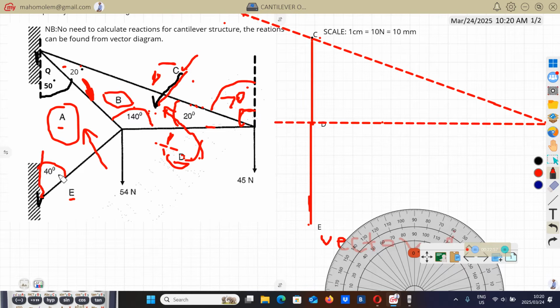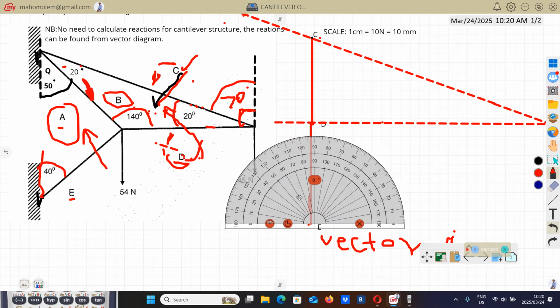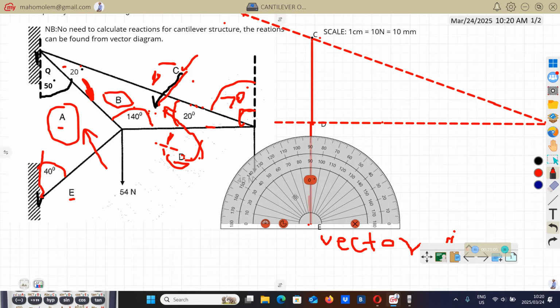So I must measure 40 degrees from this vertical. I can use the protractor as it is, or I can turn it around. So if I use it like this, I will just count from here: 10, 20, 30, 40. So this will be my 40. But if you want to turn it around, it's fine.